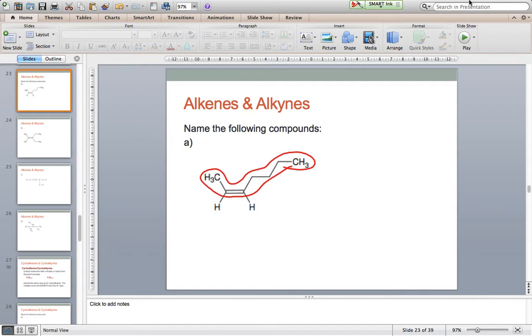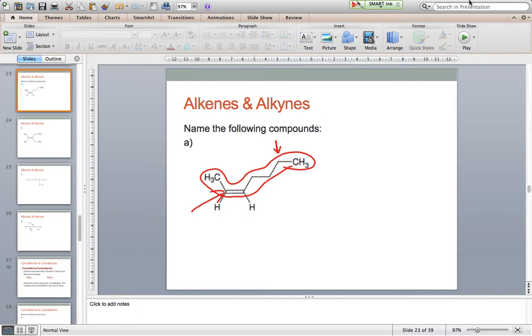There are no branches here, but when we get into branches, keep this in mind. What I want to do is give this double bond the lowest possible number that I can. So I need to start at the end closest to the double bond. Doesn't matter if there were branches close to the other end. The priority is for the double bond right there.